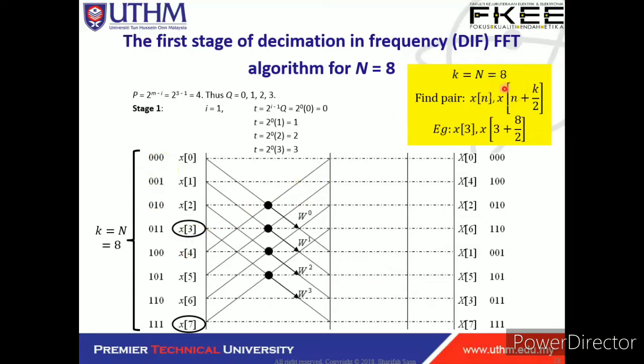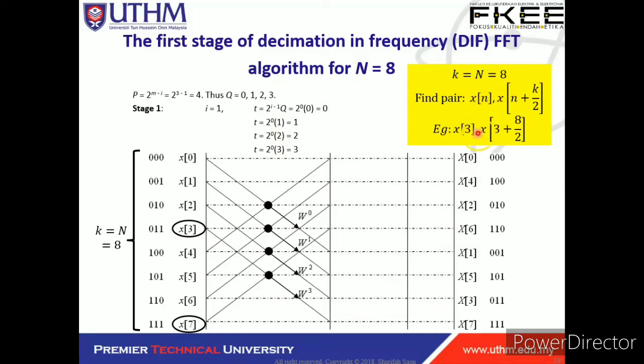And how can we make the pairing nodes? For example, here I use n equals to 3. For the DIF, stage 1 will have the highest k, which equals the number of samples, 8.